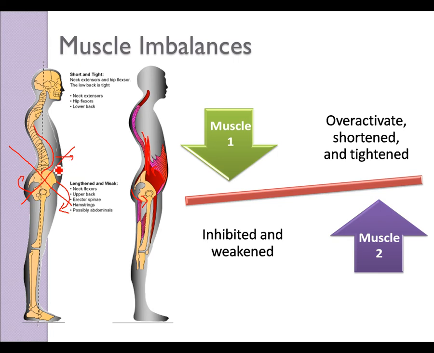Well, the first step is to identify which structures are tight and which ones are weak. And we can do this by determining, based on this posture, what do we think is tight?